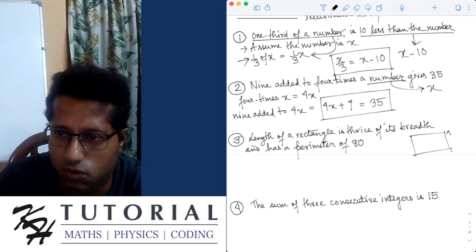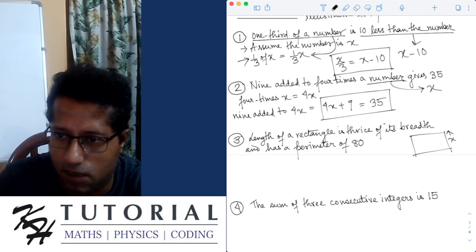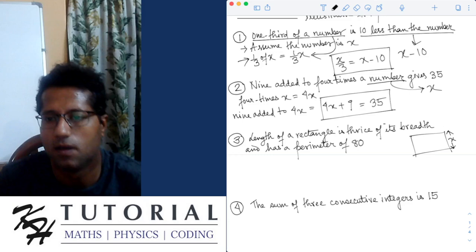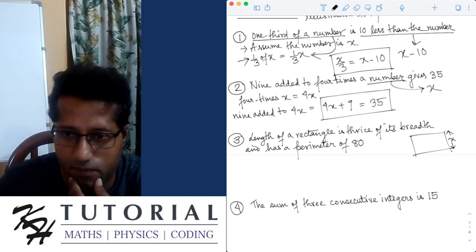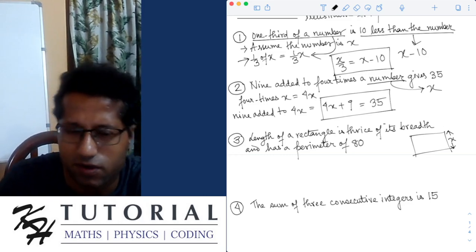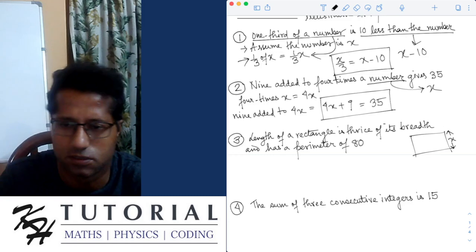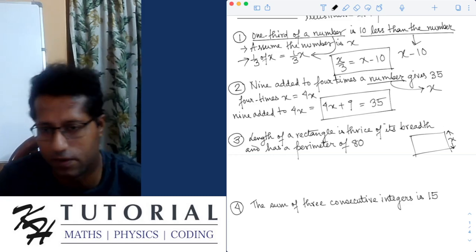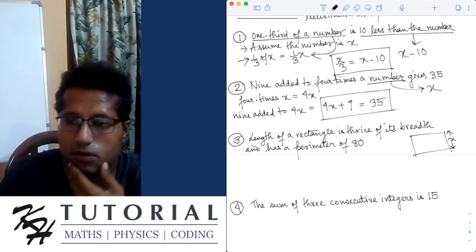Let's assume the breadth to be a variable x. You can consider any other name also, L, B, whatever you feel like. It is not that important.